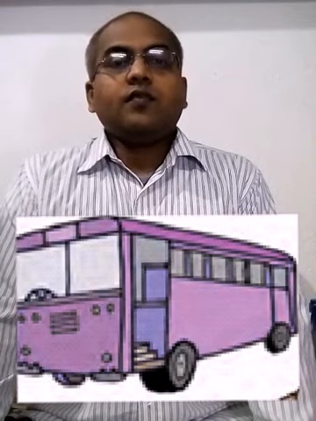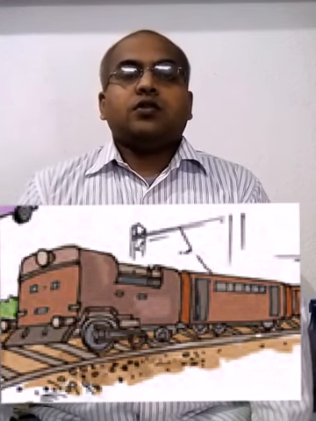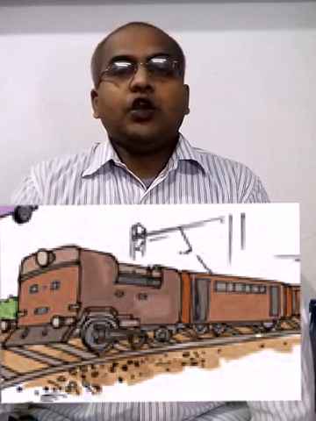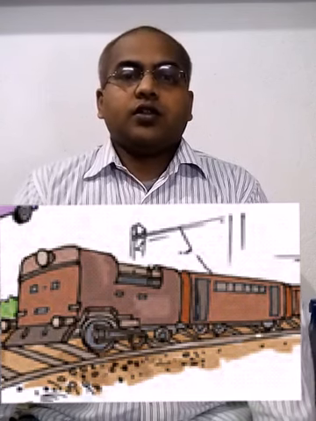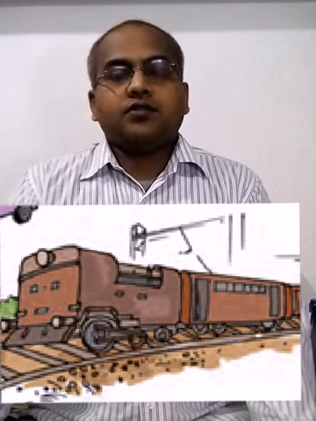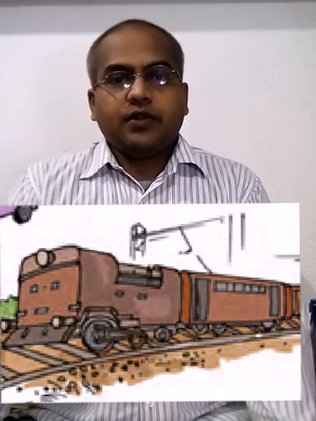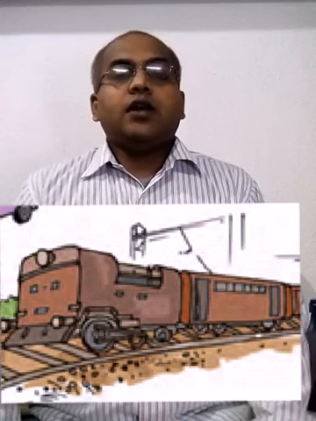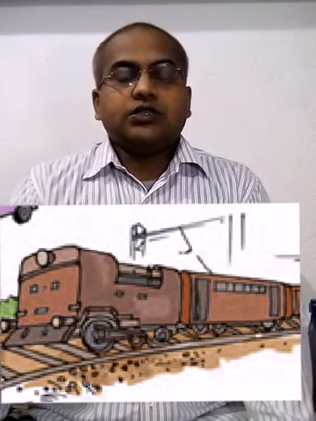Now class, let's study the history of transport, how it developed. From the very beginning humans walked on their feet, and they carried loads on their back if they wanted to move from one place to another place. Gradually they learned how to tame animals.